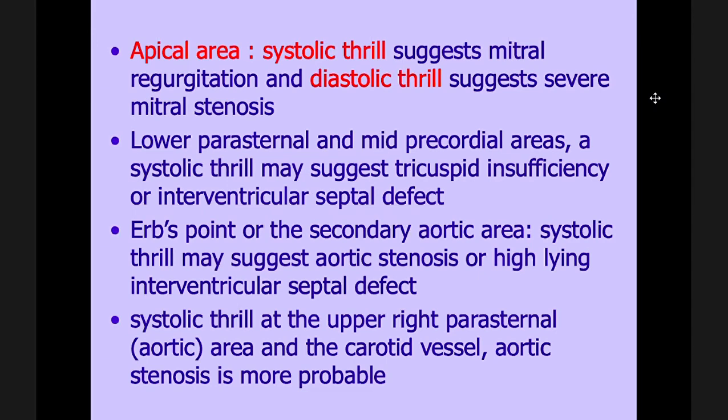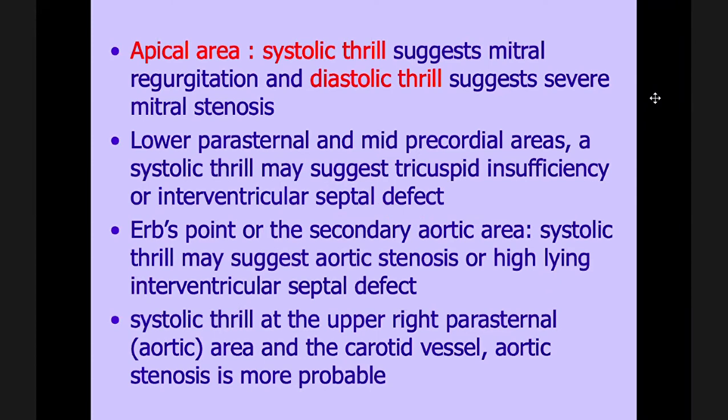At the apical area, you have to palpate for a systolic thrill, suggesting mitral regurgitation. If there is a diastolic thrill in this area, this may suggest the presence of a severe stenosis. In the lower sternal and mid-precordial areas, a systolic thrill may suggest tricuspid insufficiency or interventricular septal defect.